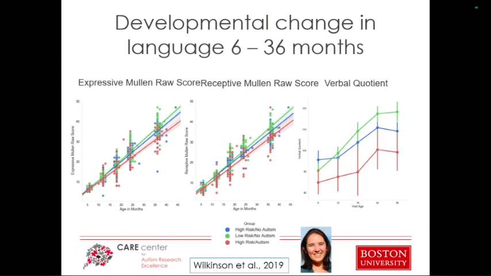I should say that we're seeing this even though every child in our study, and it was a pretty large sample, with 28 children who ended up with an autism diagnosis, all had fairly high language skills.